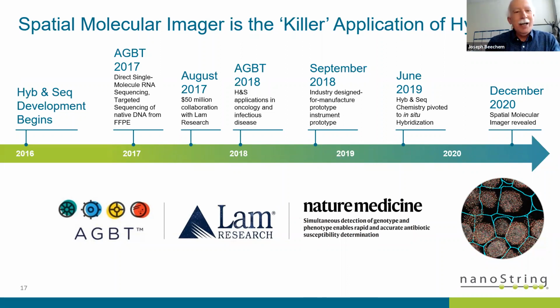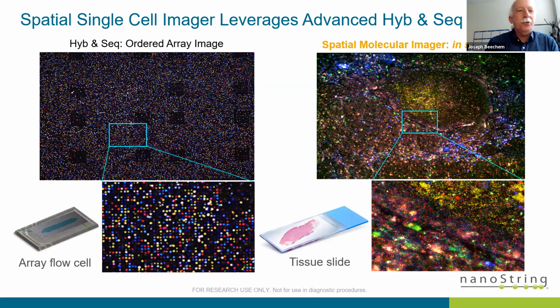This is sort of what I was doing with that reagent originally. Look at the left-hand side of your screen here. I was taking Mother Nature's FFPE, yanking the RNA out of it, putting it down onto an ordered array, and then using a hybridization sequencing reagent and sequencing all these things in parallel.